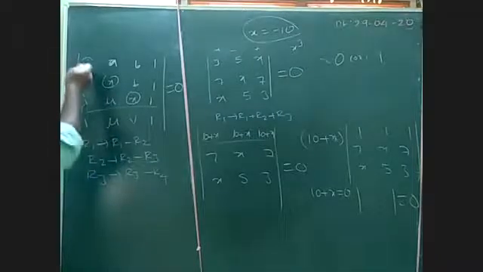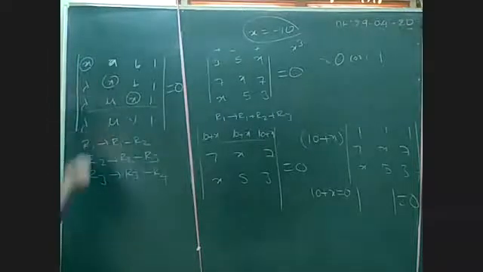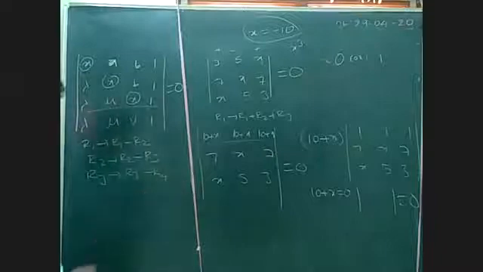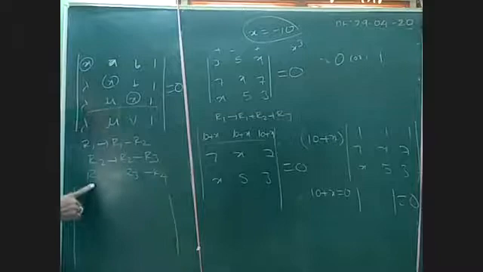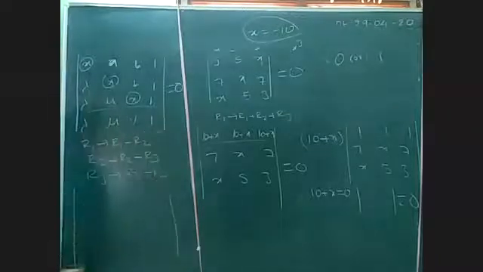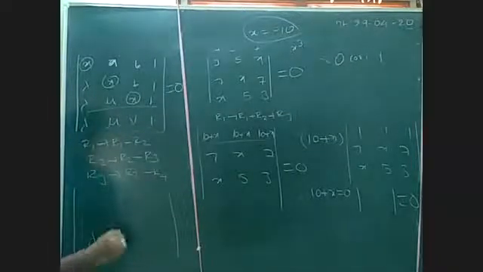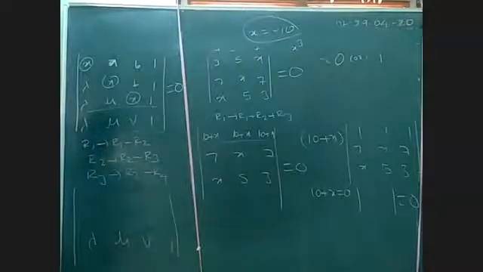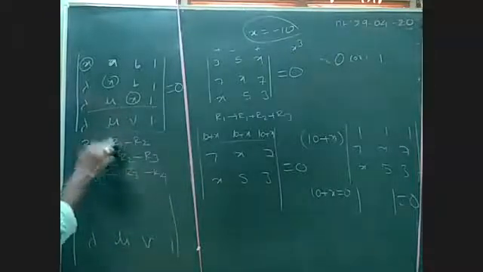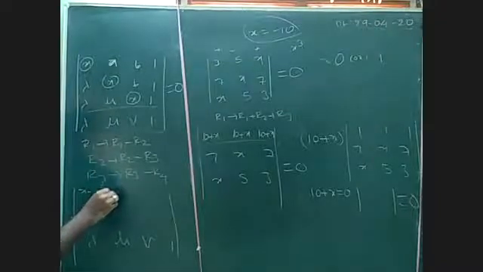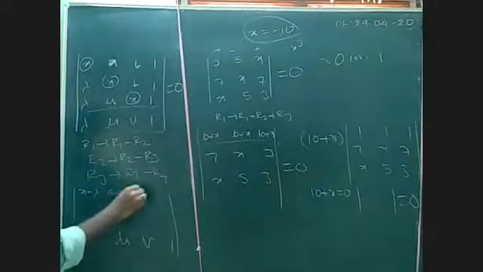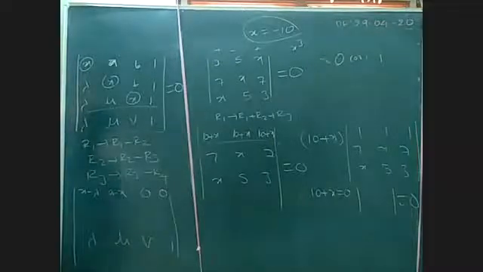This way we get the x value in terms of lambda. Here we need to find the x value. So apply this, look at here. R4 is as it is: lambda, mu, v, 1 is as it is. R1 becomes x minus lambda, a minus x, 0, 0.